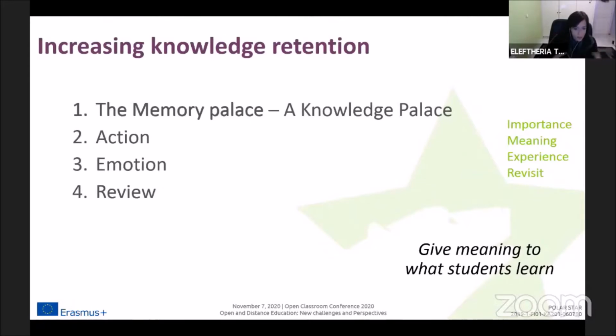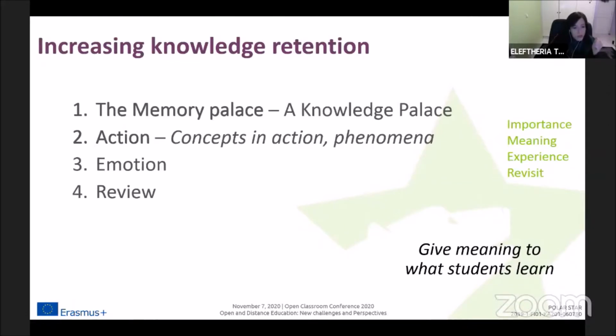So a knowledge palace, some kind of structure that has placeholders like the rooms in a house, in which we can store concepts and memories. When it comes to action, in the science class, that translates to concepts in action. So looking at concepts through different phenomena, through connections with other concepts, through everyday life.